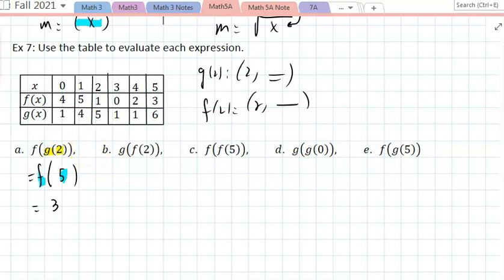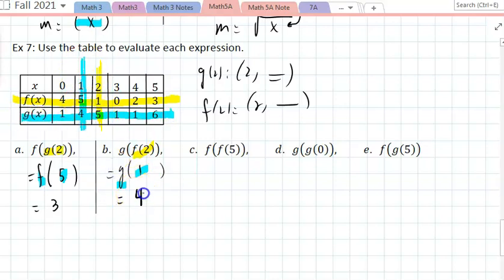If I go to part B, this is g of f of 2. When x equal 2, what does f equal? F is 1. When x equal 1, what does g equal?